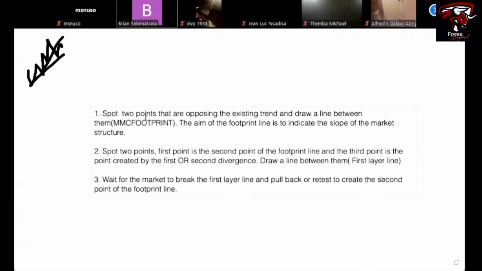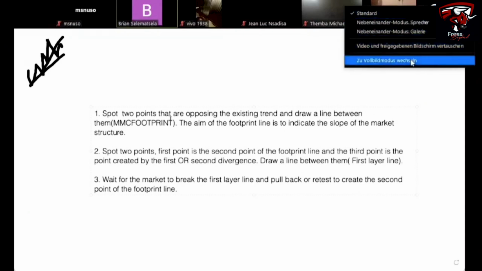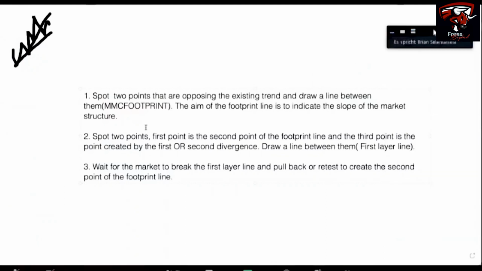It is also linked to the first step, because the first 2 points that oppose the existing trend, you draw a line between them, and that line will be called an MMC footprint line. Forgot to write down line there.